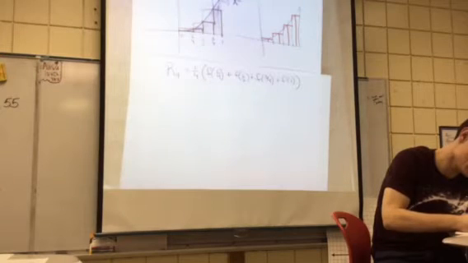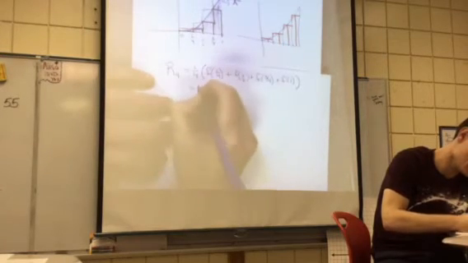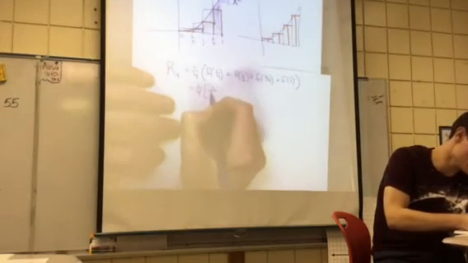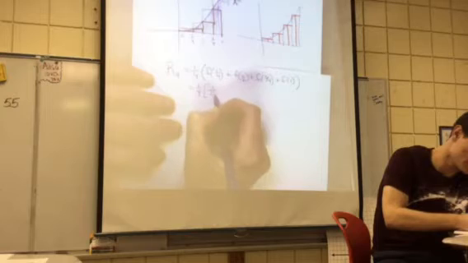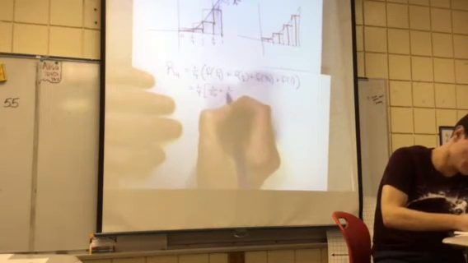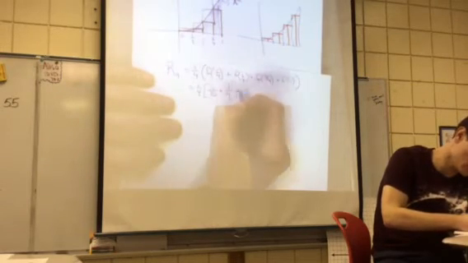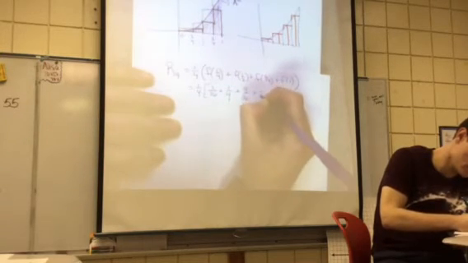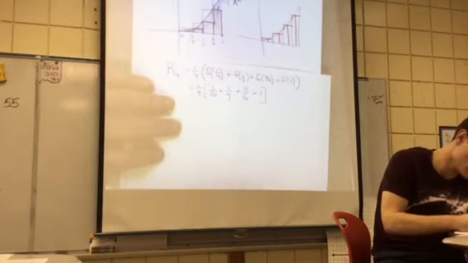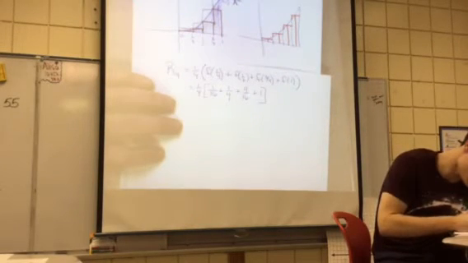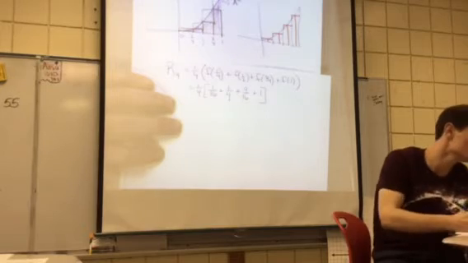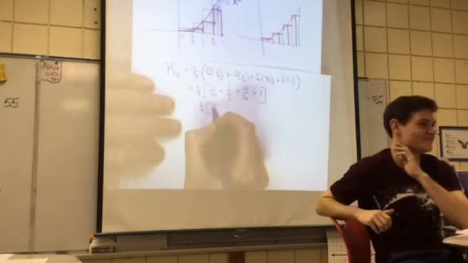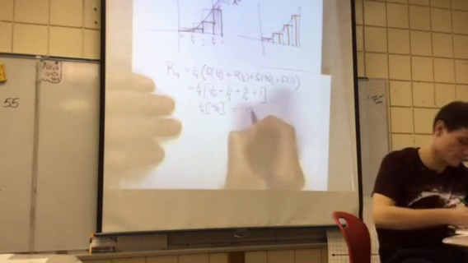So f of 1/4 again was 1/16. f of 1/2 is 1/4. f of 3/4 is 9/16. f of 1 is 1. So that'd be 15/8 times 1/4.